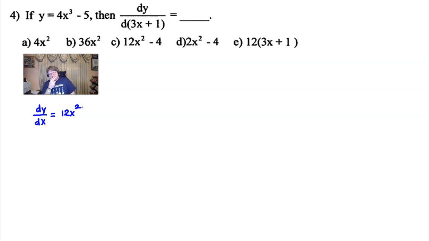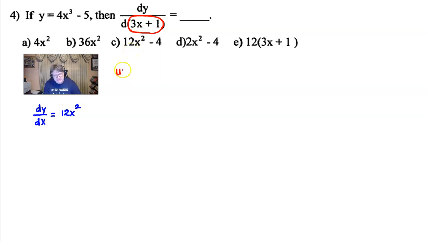All right, then, what about this dy over d(3x plus 1) deal? Why don't we replace all this with something that's not quite as cumbersome looking? Maybe we call that some other substitutable variable.